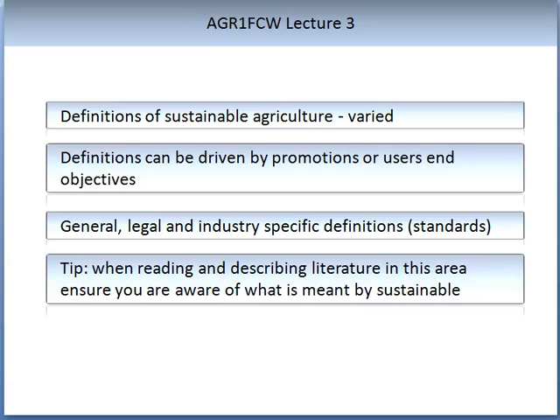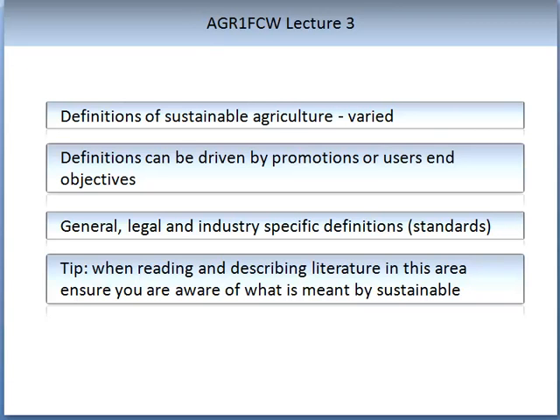Under the US Code Title 7, Section 3103, sustainable agriculture means an integrated system of plant and animal production practices which have a site-specific application that will, over the long term, satisfy human food and fibre needs, enhance environmental quality and the natural resources base upon which the agricultural economy depends, make the most efficient use of non-renewable resources and on-farm resources, and integrate where appropriate natural biological cycles and controls.